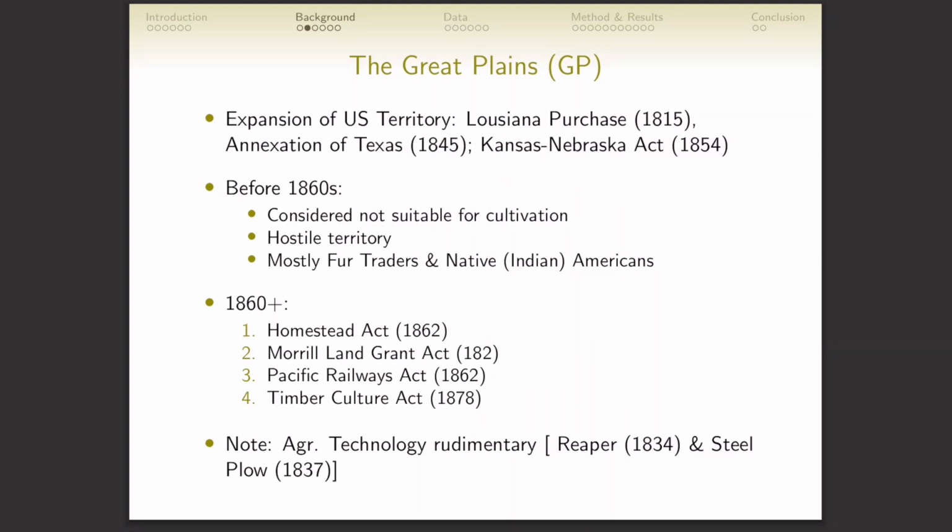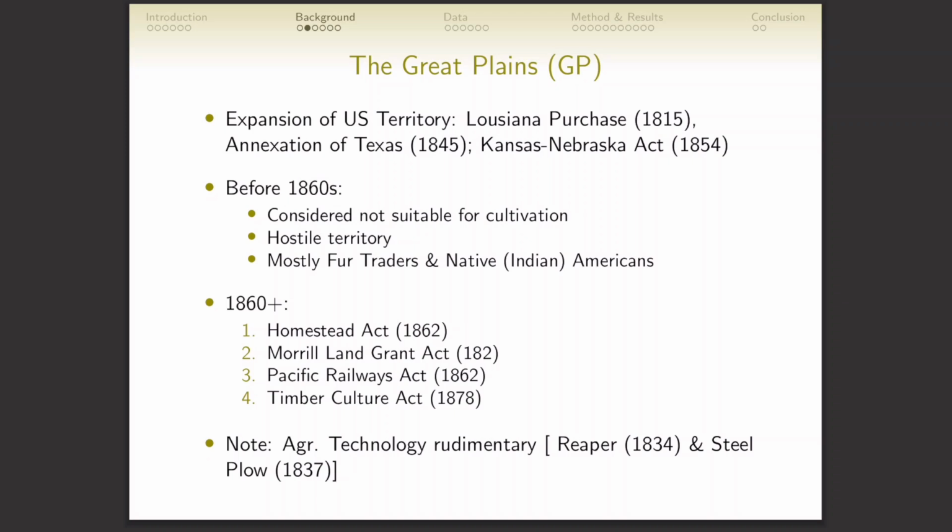So how about the expansion of the US territory? There was, of course, the Louisiana Purchase, which essentially nearly doubled the size of the United States at the time. There was the annexation of Texas, and then there was the Kansas-Nebraska Act, where some lands were declared federal. As I said before, even though it substantially expanded, certainly by 1860 it was not really considered suitable for cultivation, so there was not really much talk about settling in there.